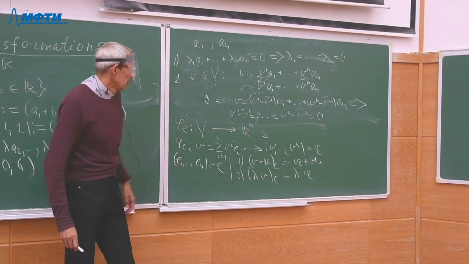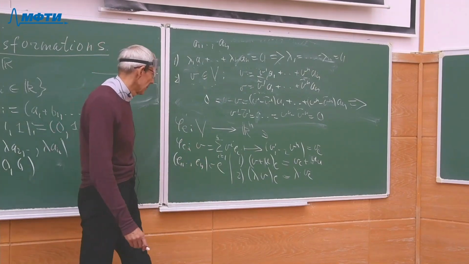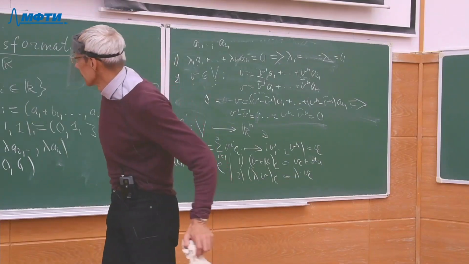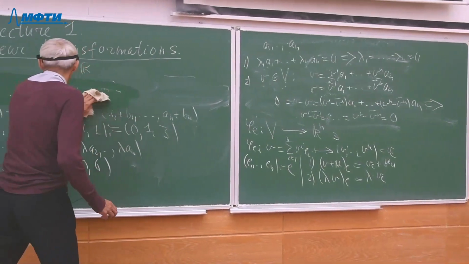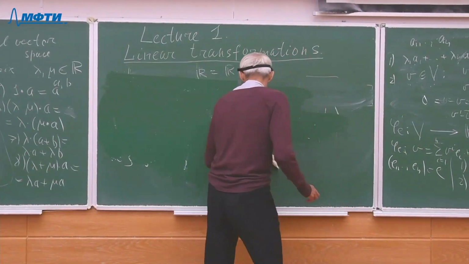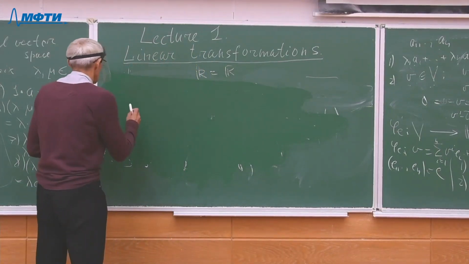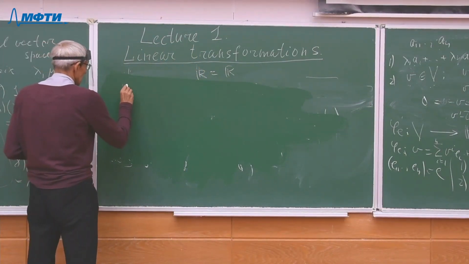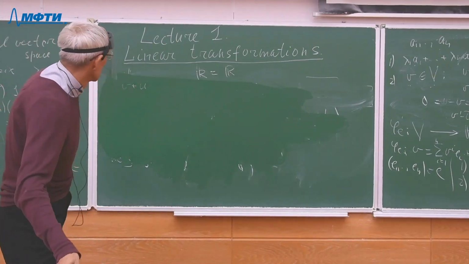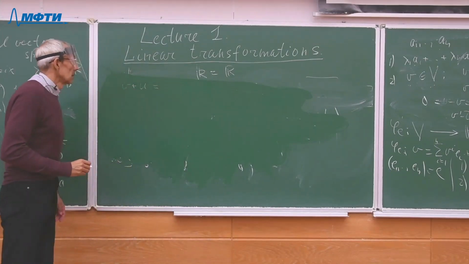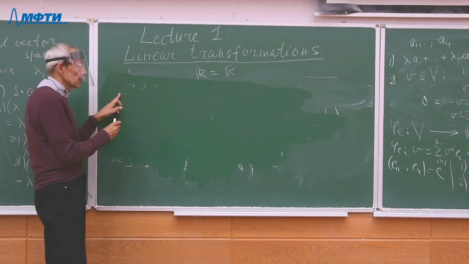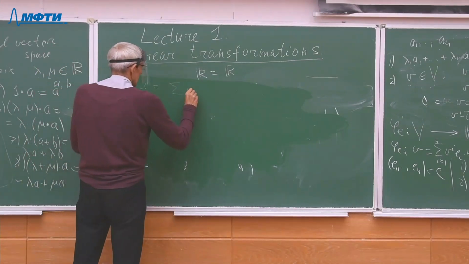I recall how to prove these two properties. First, this property. If I have the sum of two vectors v and u, it is easy to see that if I expand the first vector in terms of the basis vectors, I obtain such a sum.